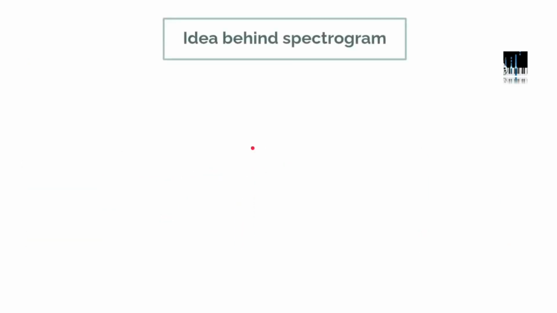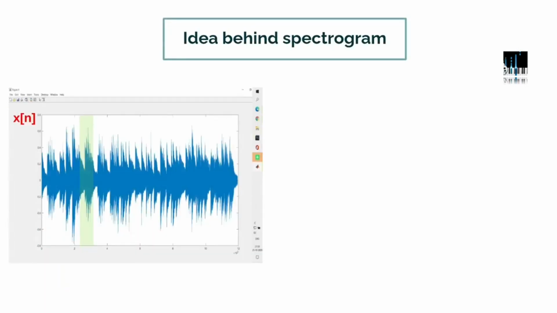To understand the idea behind the spectrogram and how it is constructed, let us take a time domain music signal x[n], which sounds something like this.